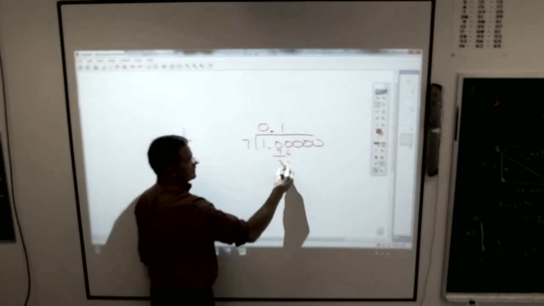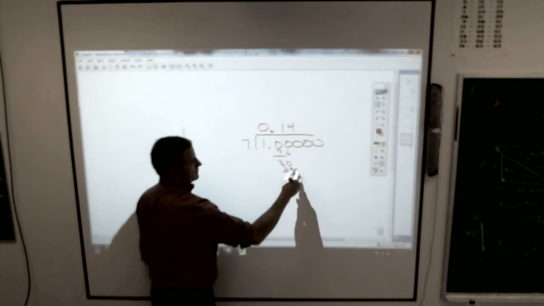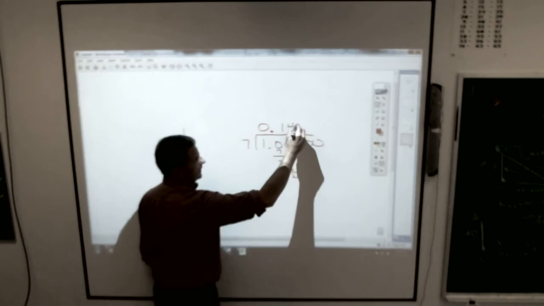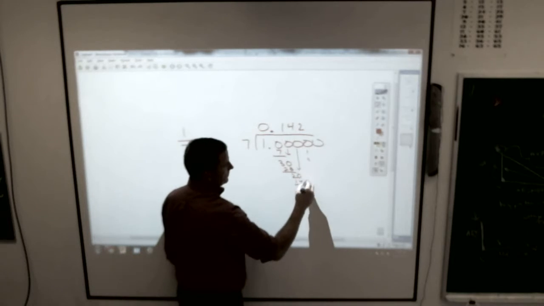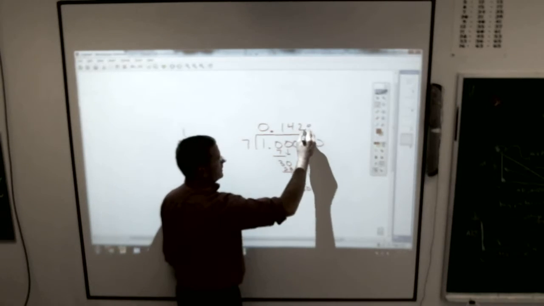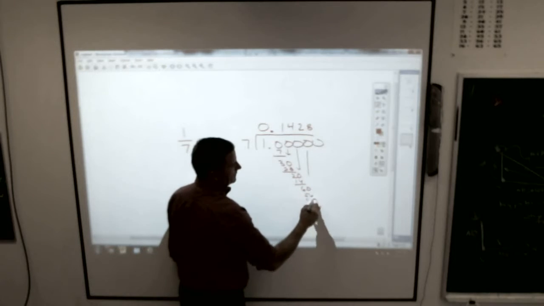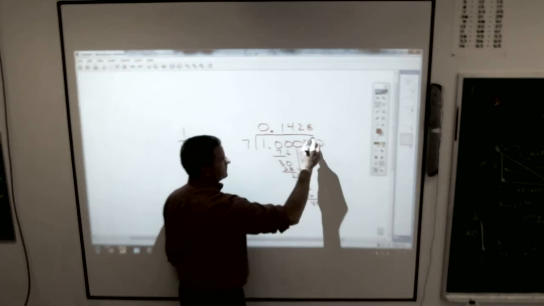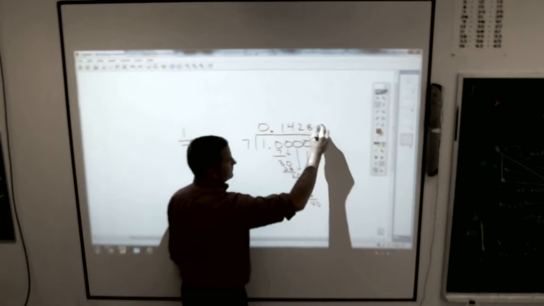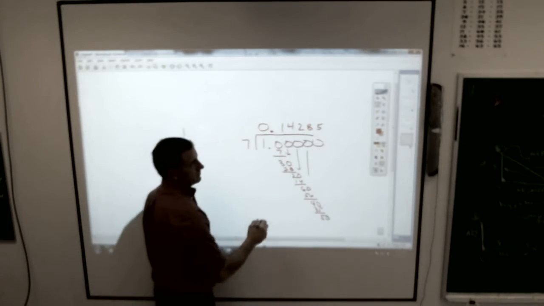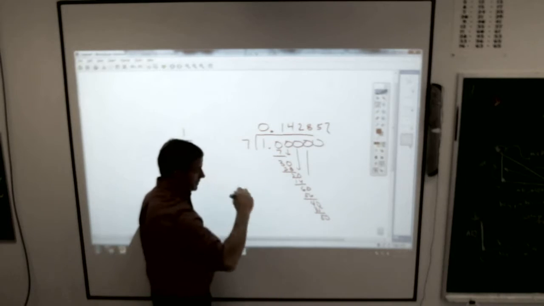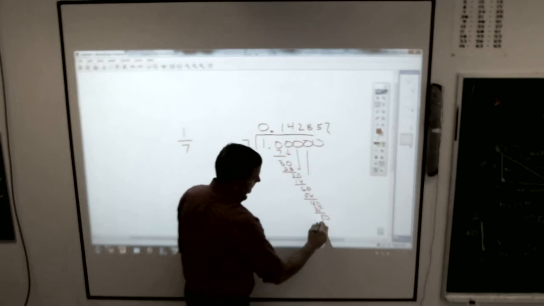Bring down the next one. 7 goes into 30, what? 4 times, that's 28. 7 goes into 20 2 times, that's 14. 7 goes into 60, what? 8 times, that's 56. It hasn't repeated yet. 7 goes into 40, what? 5 times, that's 35. 7 goes into 50, 7 times, which is 49.